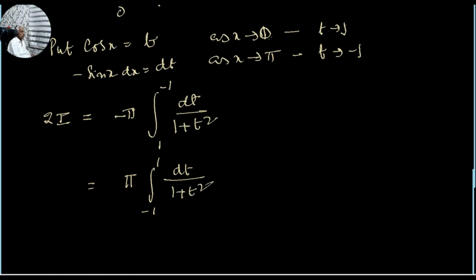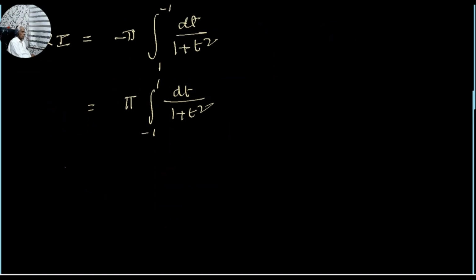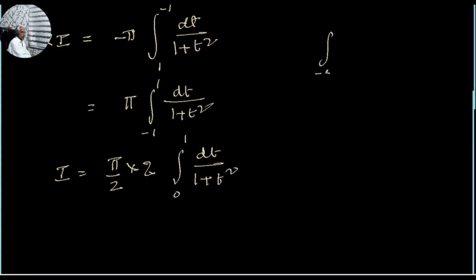That is changing the limits. So I equals pi by 2 into 2, integral from 0 to 1 of dt by 1 plus t square. We have the rule minus a to a of f(x) equal to 2 times f(x) from 0 to a. That rule is applied here.